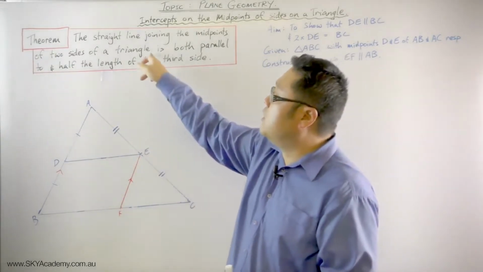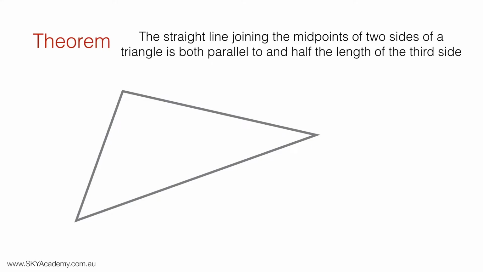So in words, the straight line joining the midpoints of two sides of a triangle is both parallel to and half the length of the third side.